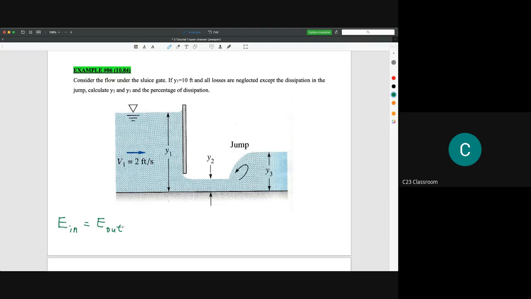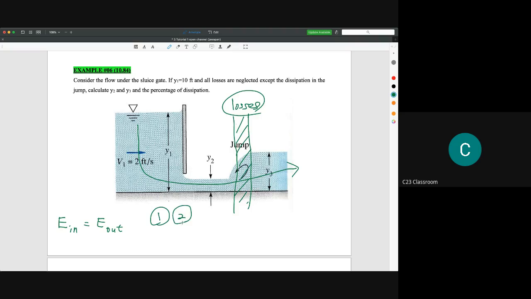Okay, but for open channel here, you must assume that at the hydraulic jump there are energy losses in the hydraulic jump. So if we think about the flow rate here, we could say that for point number 1 and point number 2 here, the energy is equal.